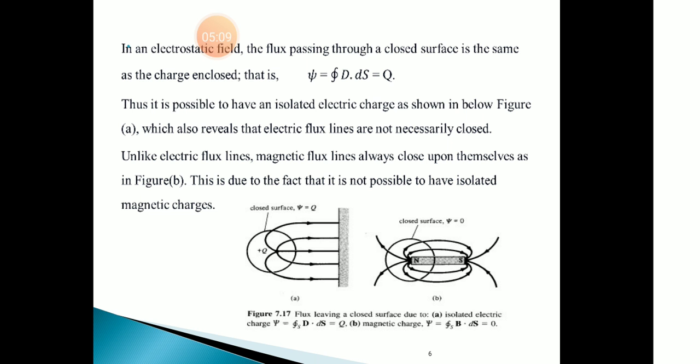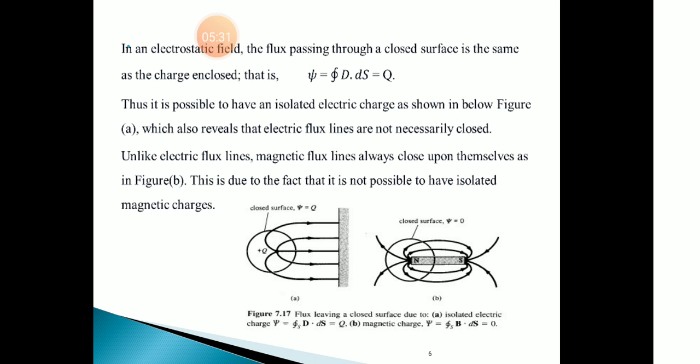Electric flux lines may be closed but not necessarily closed, but magnetic flux lines always close upon themselves. This is due to the fact that it is not possible to have an isolated magnetic charge.